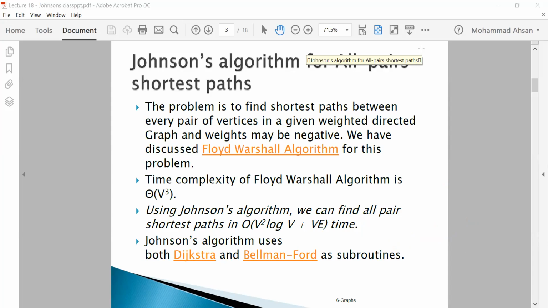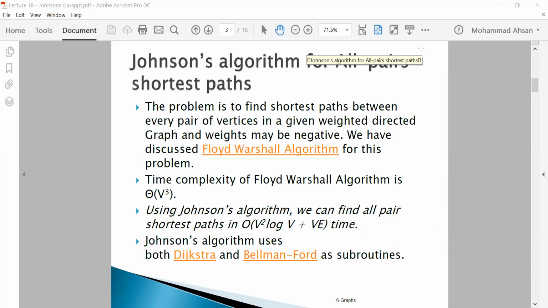So what does Johnson's algorithm do? It uses two algorithms together. We know Dijkstra's and Bellman-Ford give us the shortest path from a source to any other vertex, right? But here we need all pairs shortest path.